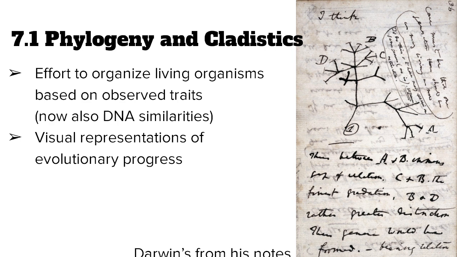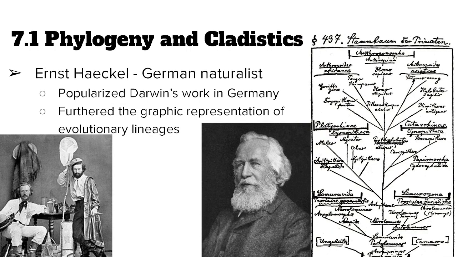We might think of it kind of like an idea map or a concept map, or like a family tree. They are just a visual representation, and now in modern science we use these to talk about evolutionary processes and progress, and they are usually based on DNA similarities now, but they're also based on physical structures. And that's how we're going to use them in my class, physical structures.